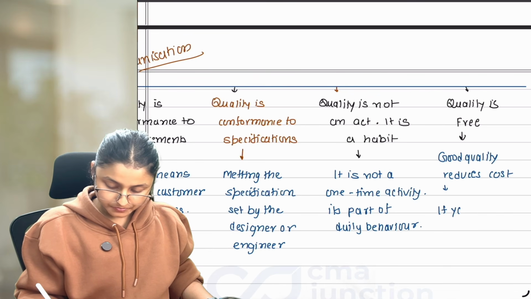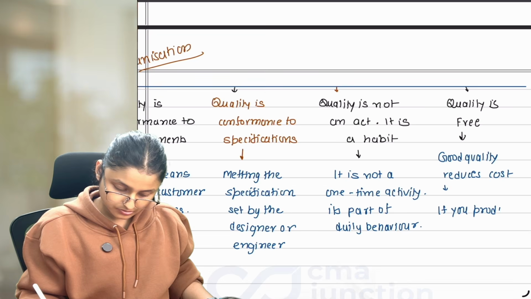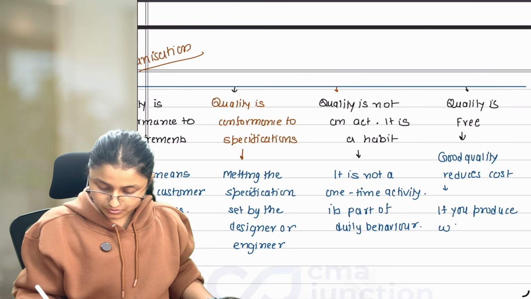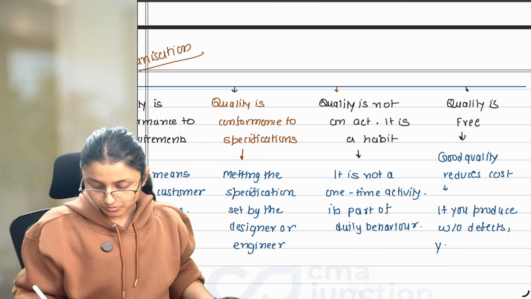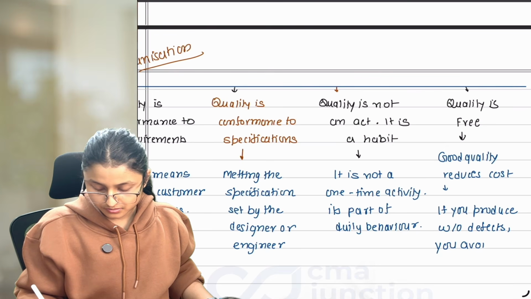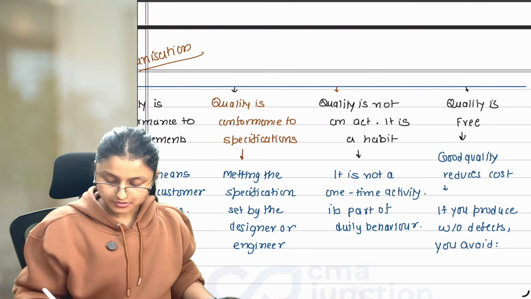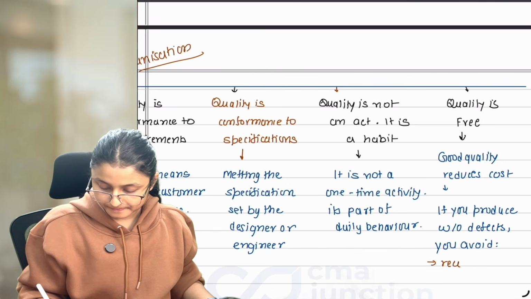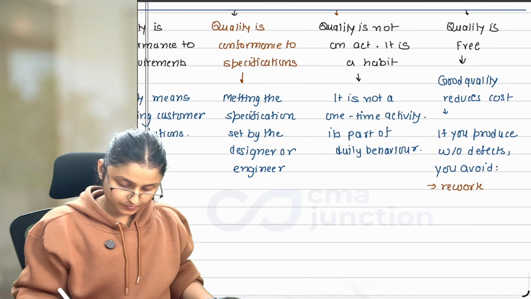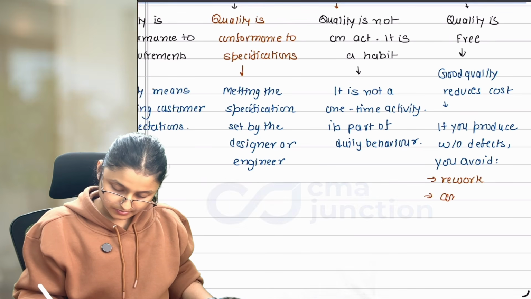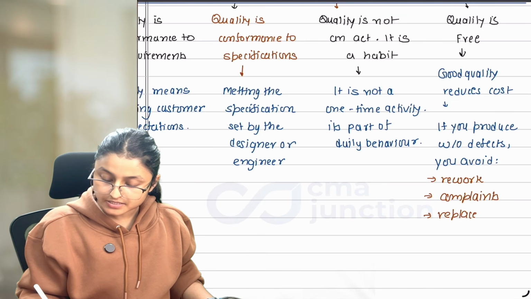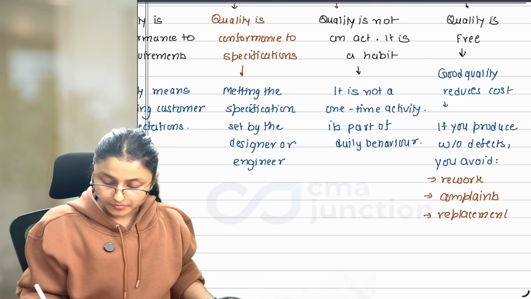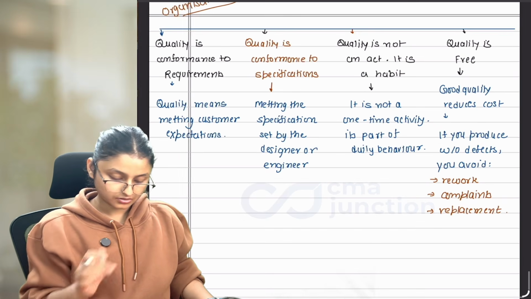If you produce without defects, you avoid rework, complaints, replacements, and these all cost much higher than what quality prevention costs us.